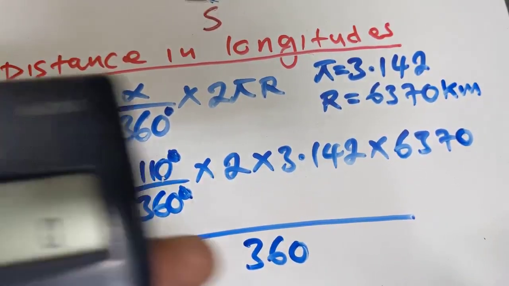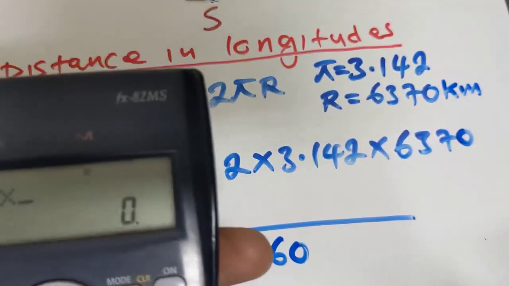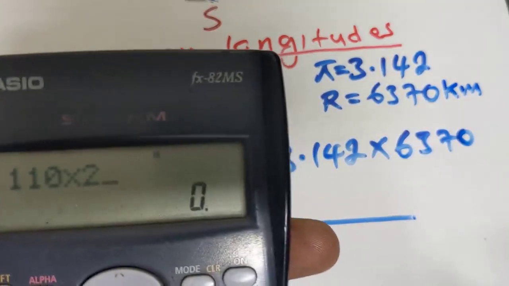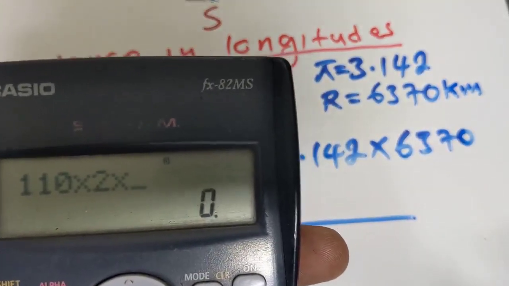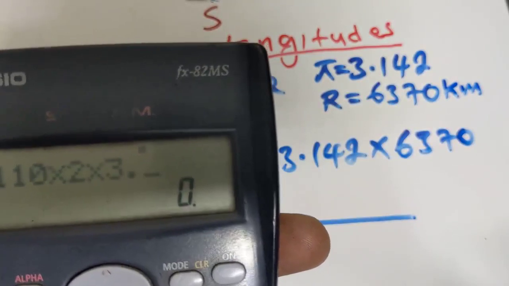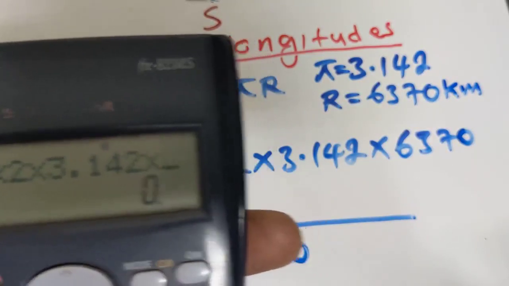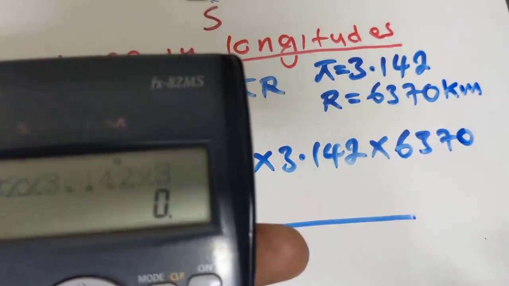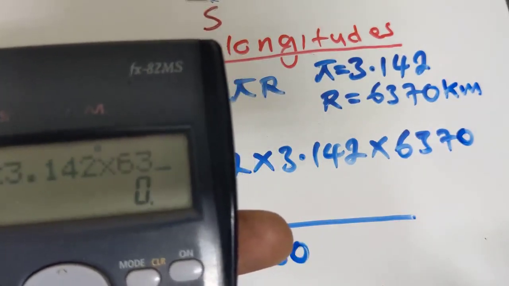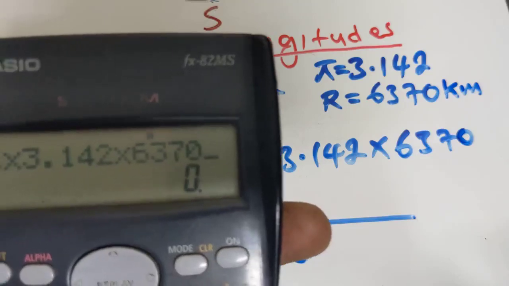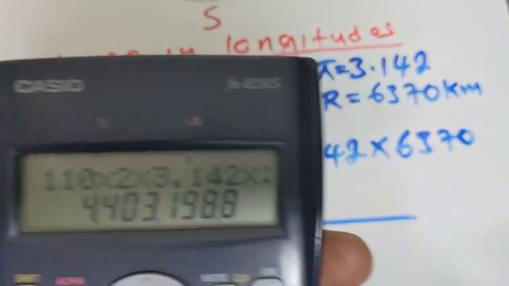So 110 multiplied by 2, multiplied by 3.142, multiplied by 6370. As simple as that.